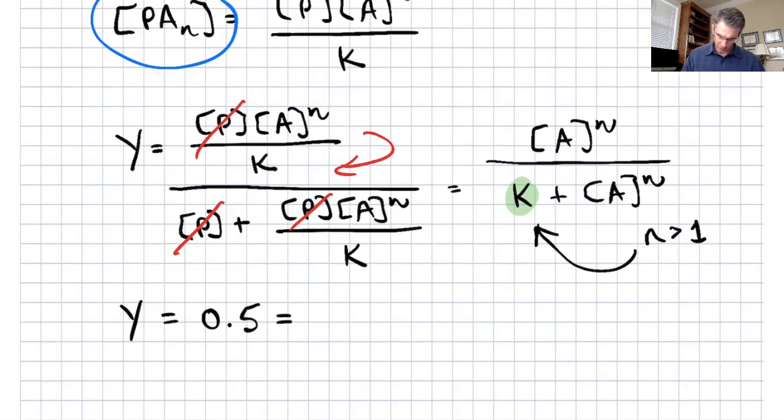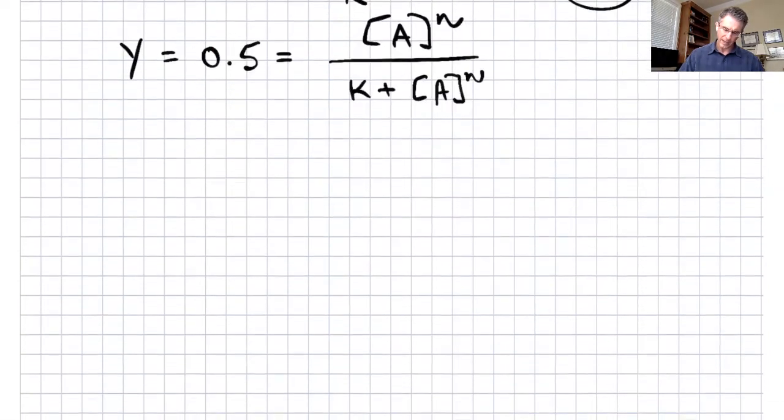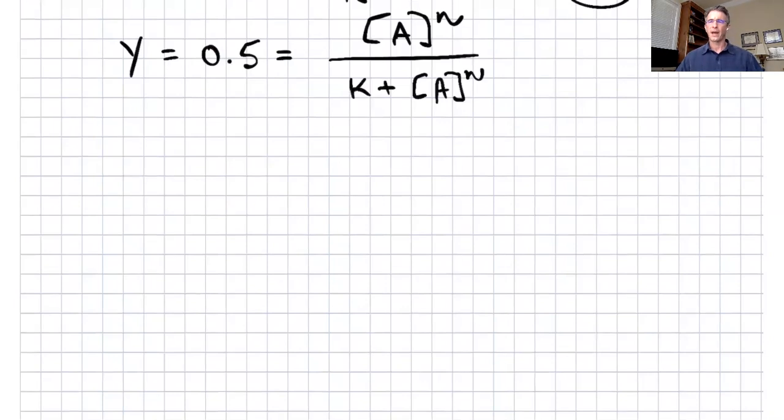That has to be equal to the concentration of A to the N divided by K plus the concentration of A to the N. What that means is that for that to be true at the half saturation point, even for this exponentially impacted binding phenomenon, K has to equal the concentration of A to the N at the point of half saturation, in order for that expression, if you substitute that in, to work out to 0.5.